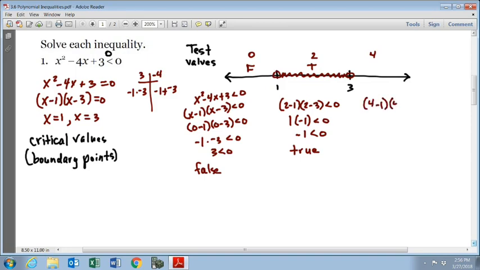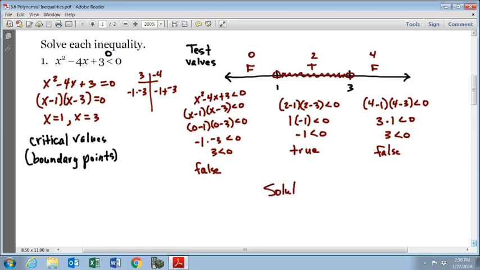Let's try 4. So we're going to get 3 times 1 is less than 0, or 3 is less than 0, and that is false. And so 4 doesn't work when we plug it into the inequality. It doesn't make it true, and so no other point in this interval will work.